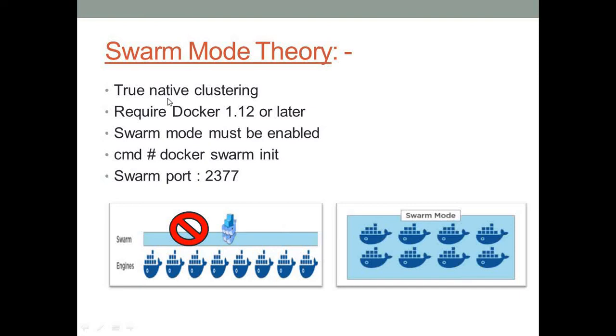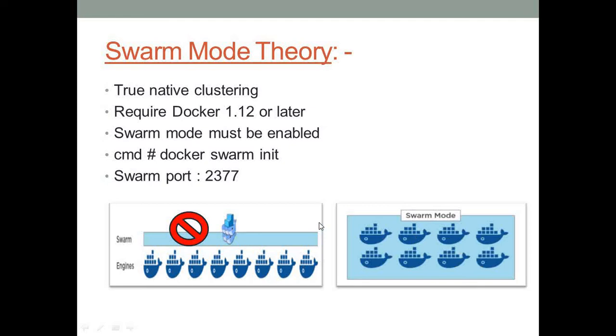Some more things need to be noted over here. It requires Docker 1.12 or later, and it is true native clustering. True native clustering means we have these different engines and then we need to install Swarm. No, when we initialize Swarm on any node or any engine, the group of those engines becomes swarm mode automatically.